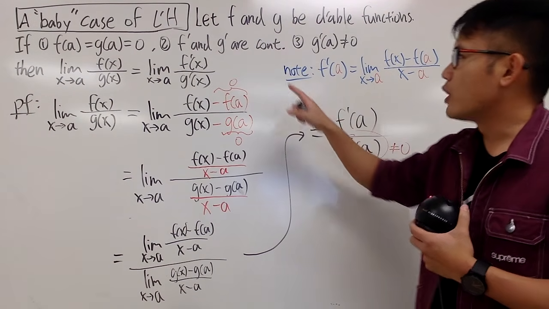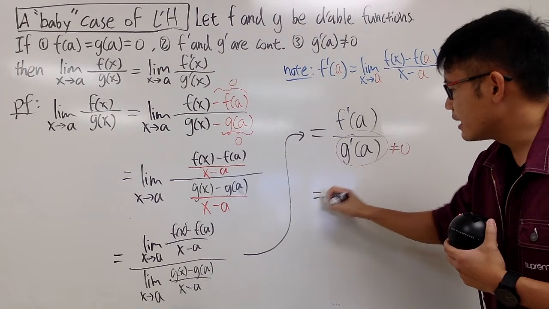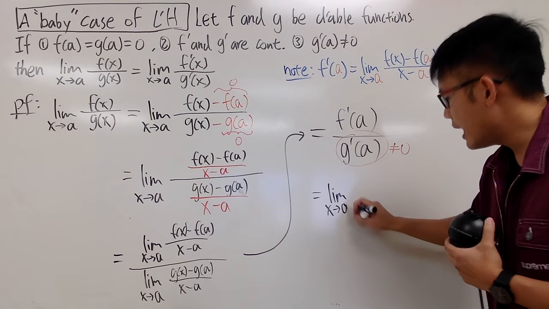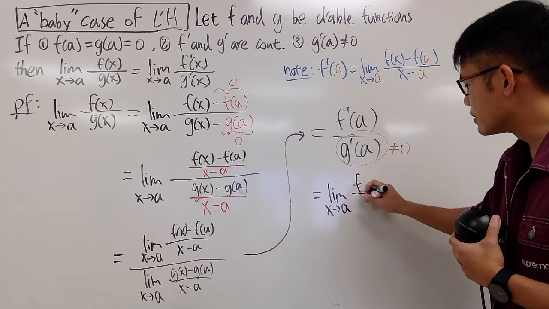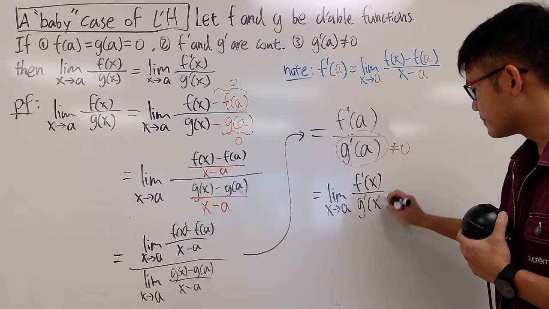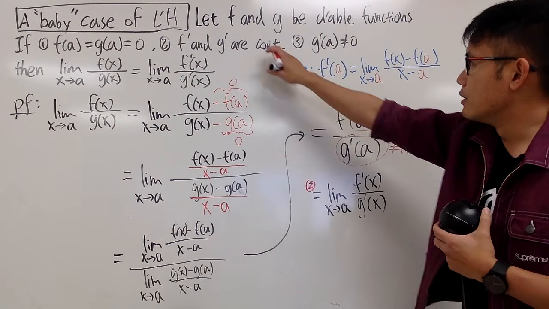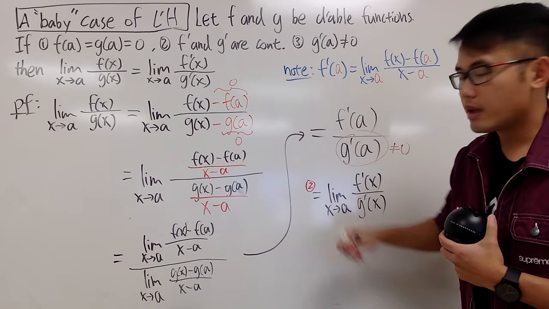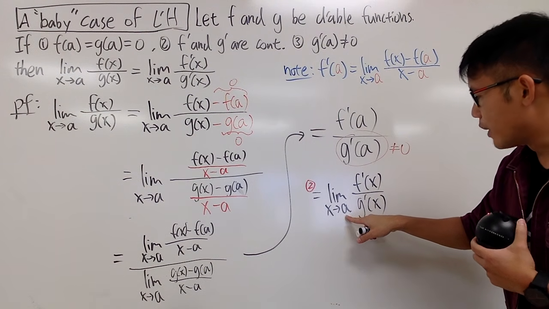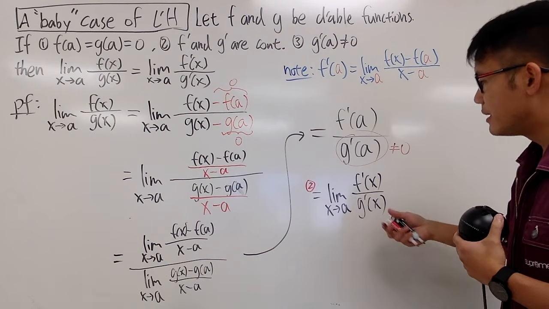And recall the definition of being continuous. If you would like, you can say this is the same as saying the limit as x approaching a of f prime of x on the top and g prime of x on the bottom. Because once again, this is by continuity, by assumption number 2. The definition of continuous is that you can legitimately plug in this value into the x right here, and the limit is equal to the value.